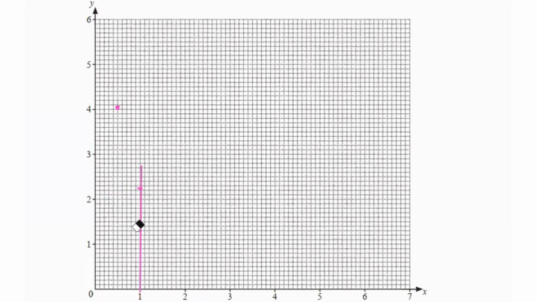So let's erase the lines. Then 2 and 1.5. This is your point. 3, 1.42.